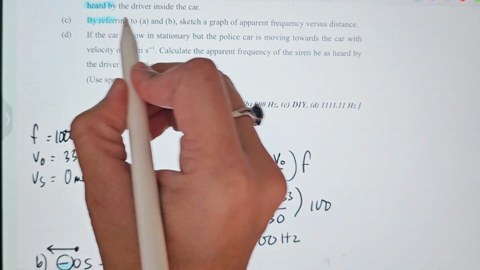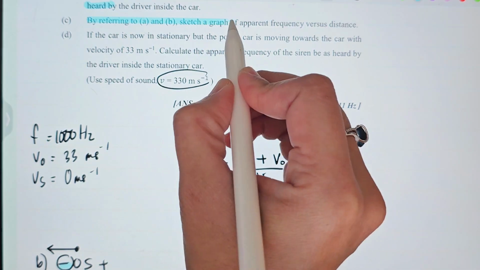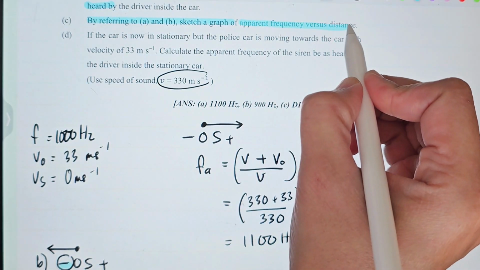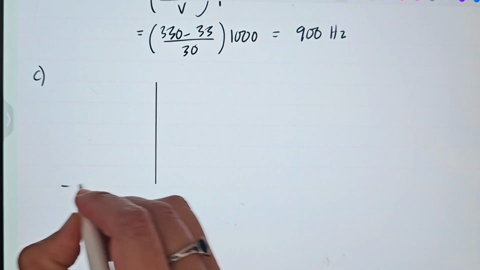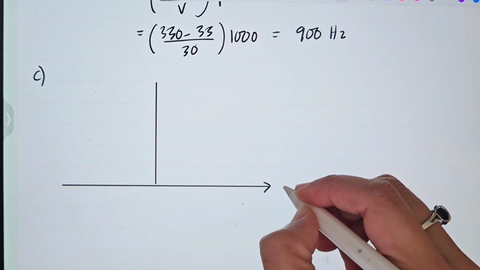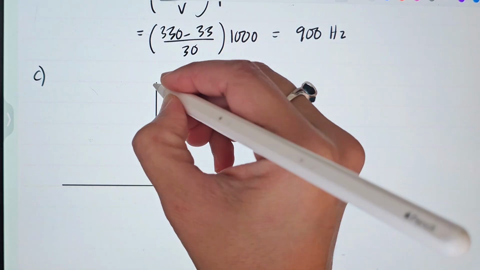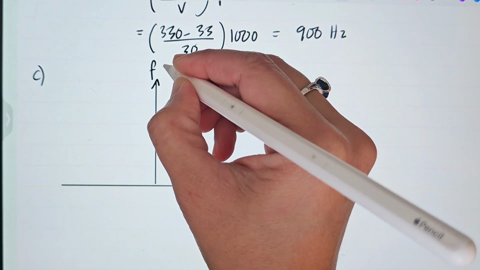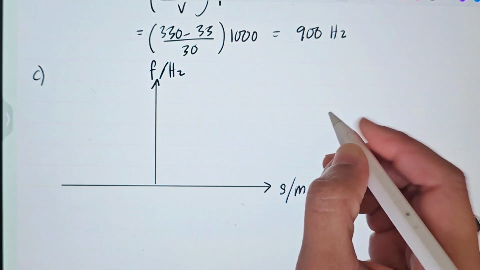Question C. By referring to A and B, sketch the graph of the frequency versus distance. We're going to sketch the x-axis as the distance, the unit is meters, the y-axis is the frequency, the unit is hertz.